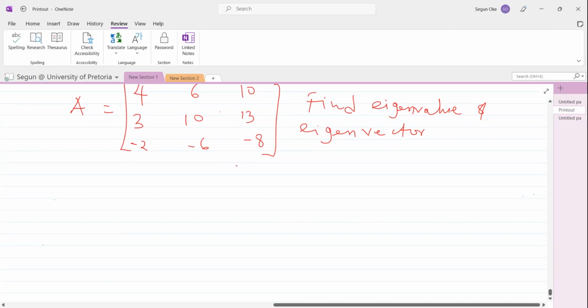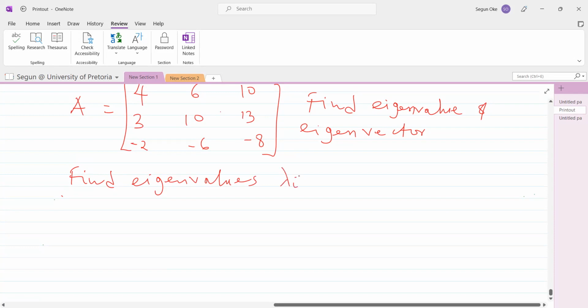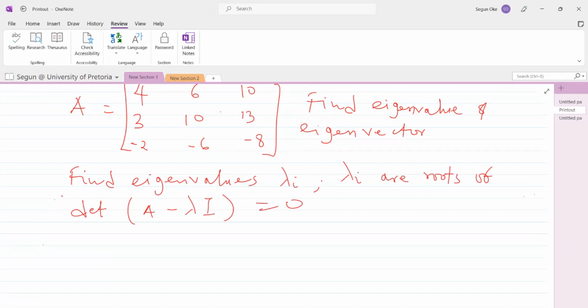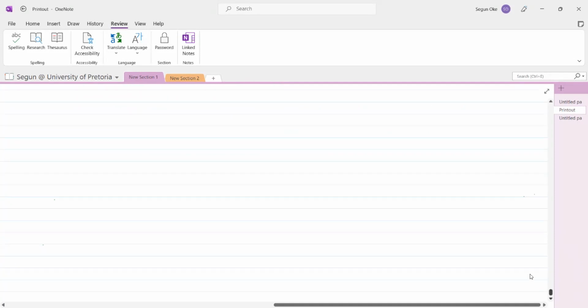You can say find the eigenvalue lambda, where the lambdas are roots of the determinant of A minus lambda I, which equals 0. So we know what it means. So let's quickly solve it before we call it a day.